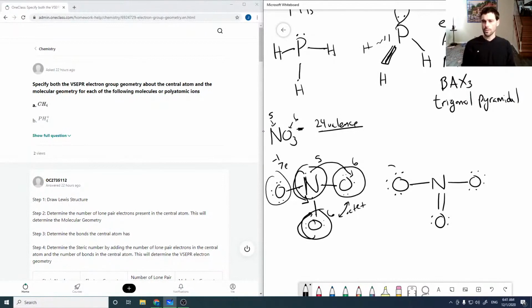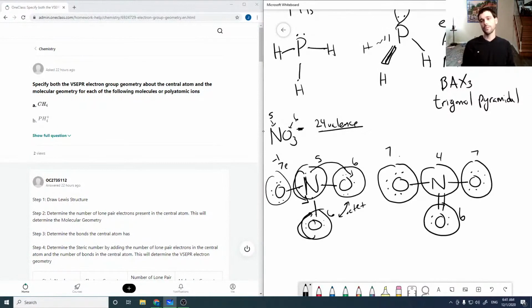And if we check our charges, there's 7 electrons here, 4 electrons here, 7 here, 6 here. So oxygen normally wants 6, so this is a -1 charge. Nitrogen normally wants 5, so it's a +1 charge.